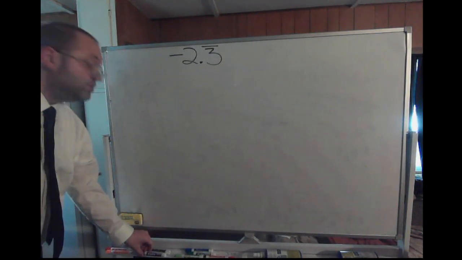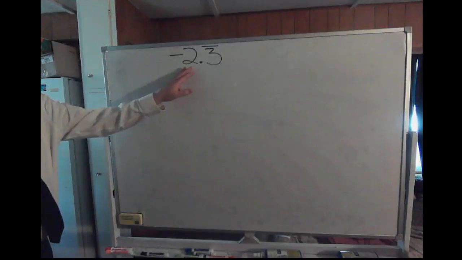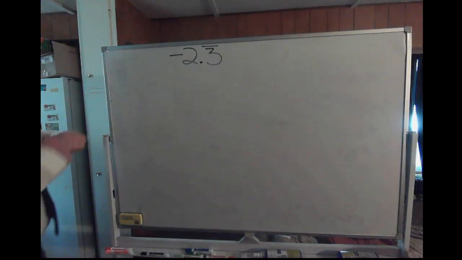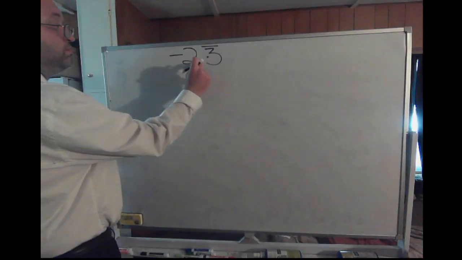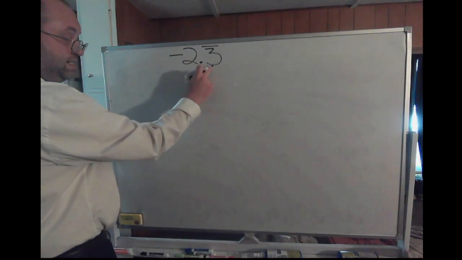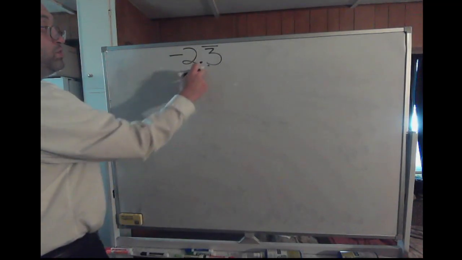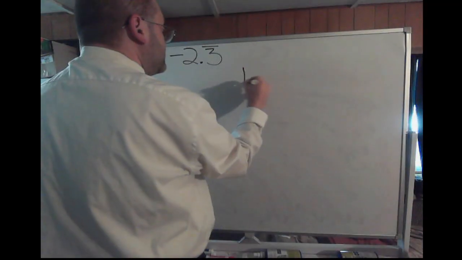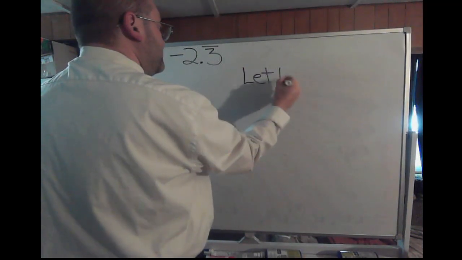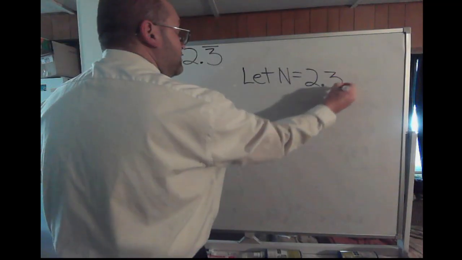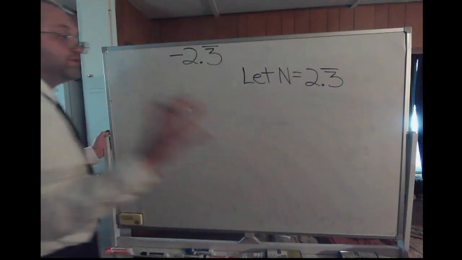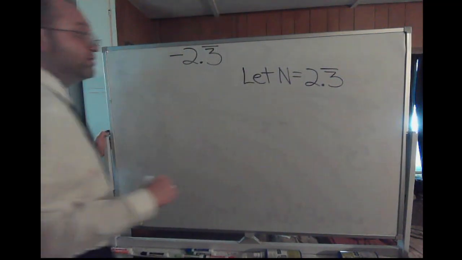First thing you're going to do, once again, forget about your negative sign. Don't even worry about it. The repeating number is immediately to the right of the decimal place, so we can proceed with our n statement. We'll let n equal 2.3 repeating, because we're forgetting about the negative sign for just a minute, but don't forget it for your final result.